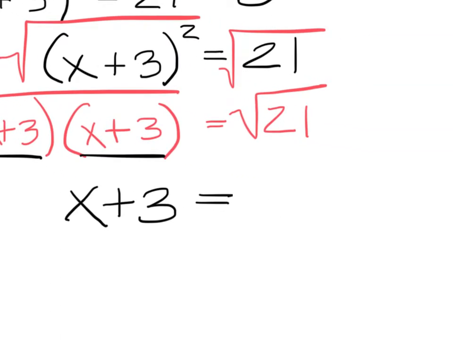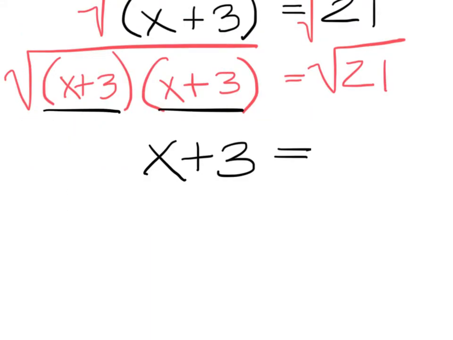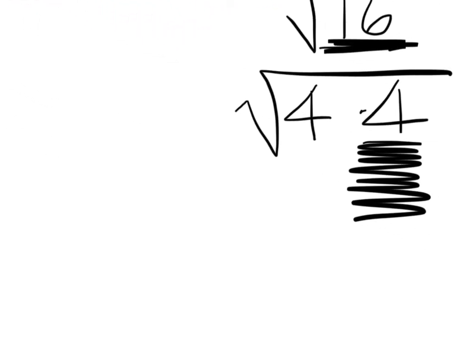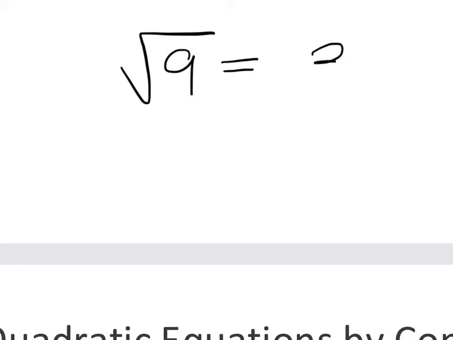On the right-hand side, the square root of 21. You do not need to find a decimal for that yet. You can write the square root of 21 as plus or minus square root of 21. The reason why it is plus or minus is this. Let's go back over to this side. The square root of 9 is 3.